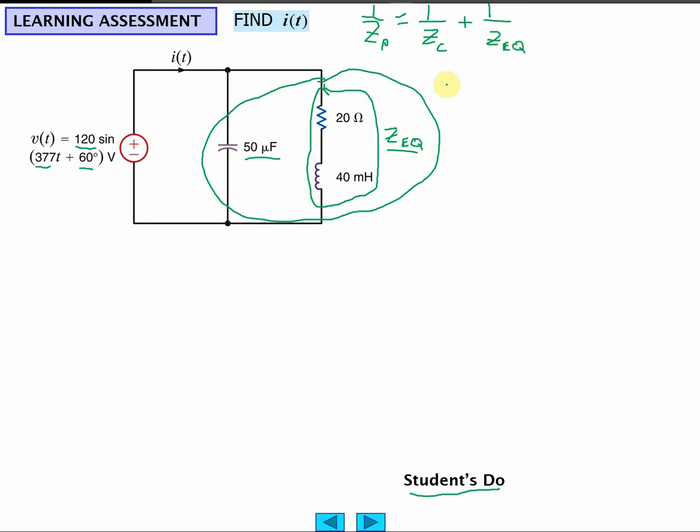And then, of course, the current is going to equal V over CP.